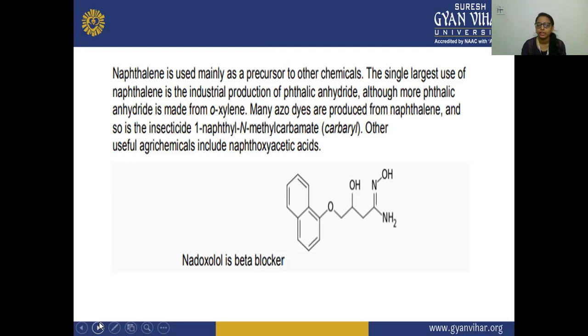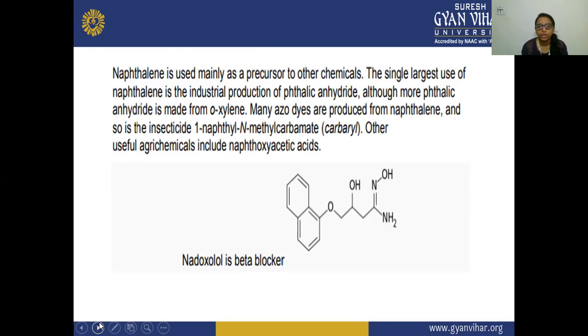Phthalic anhydride is also made from O-xylene, but naphthalene is used in industrial production. If we have to produce phthalic anhydride on a large scale, we have to use naphthalene.